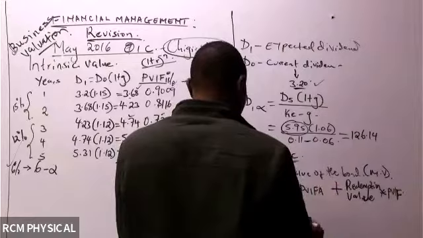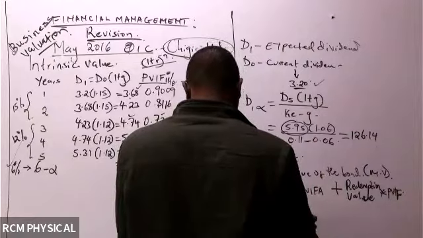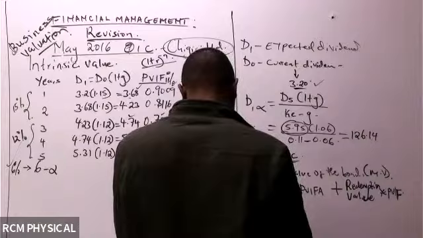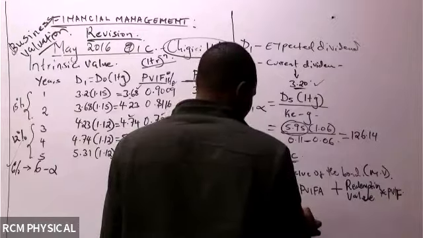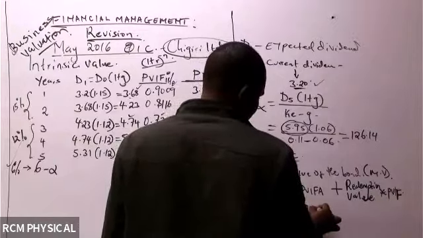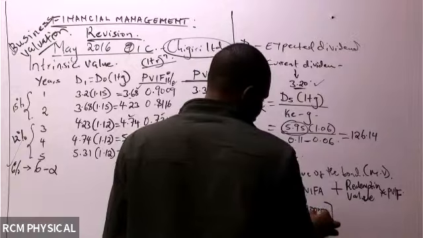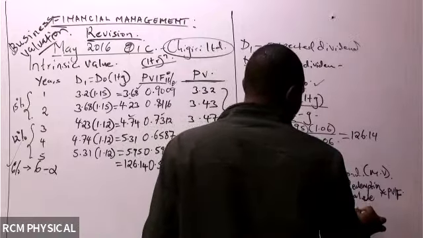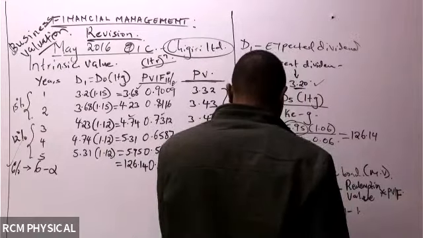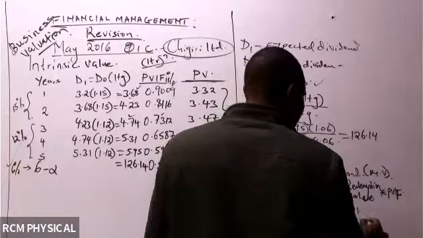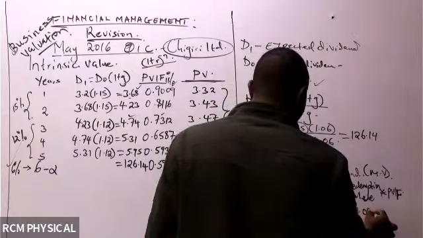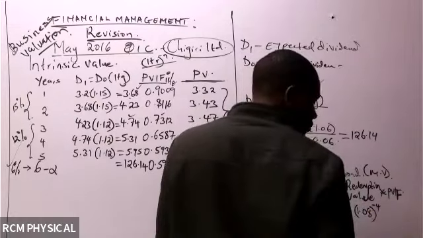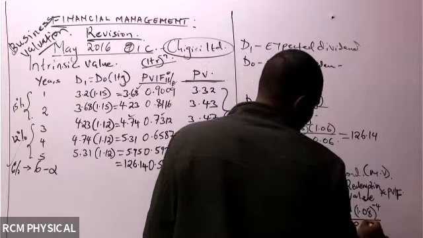The rate is 10%, so it's 10% of par multiplied by the PV: 1 minus 1.08 to the power of -4, divided by 0.08, since the investor's rate of return is 8% and it is for 4 years.